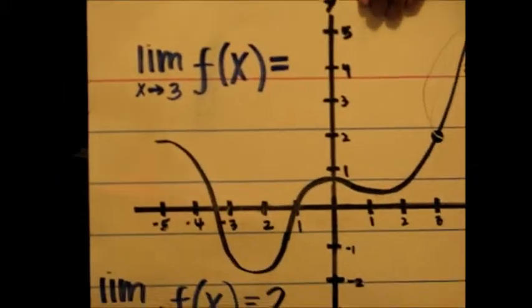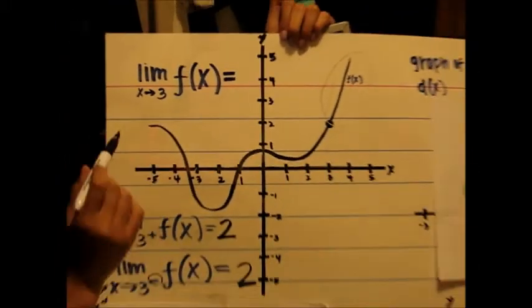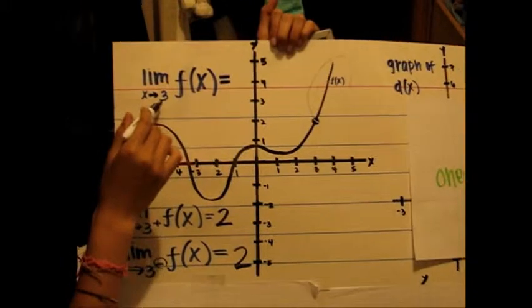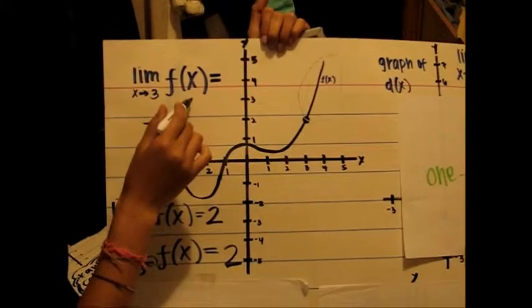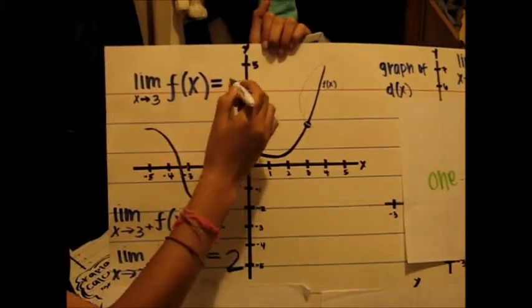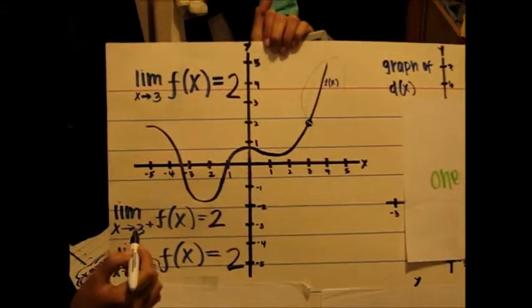So according to the limits theorem, this means that the limit as x approaches 3 of the function f of x is defined as 2.